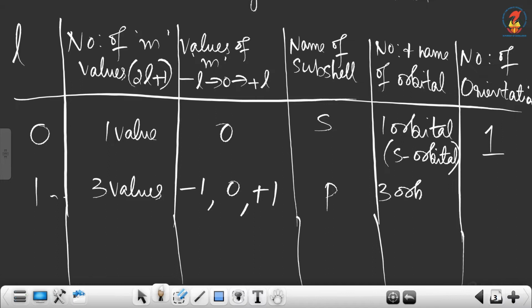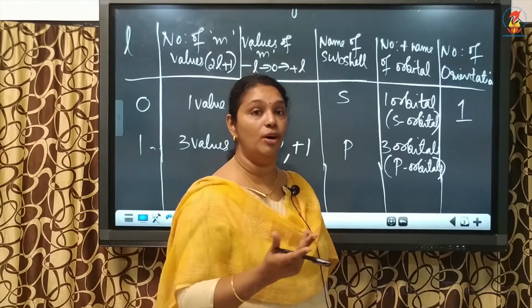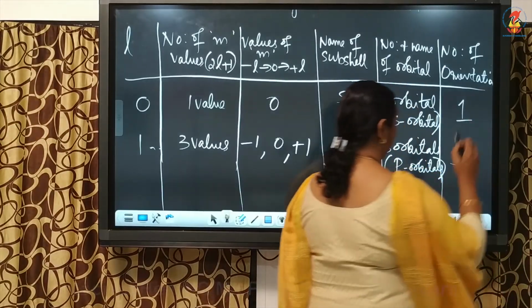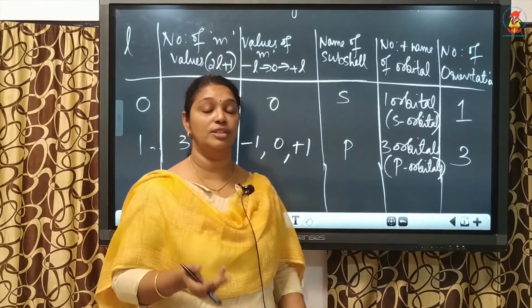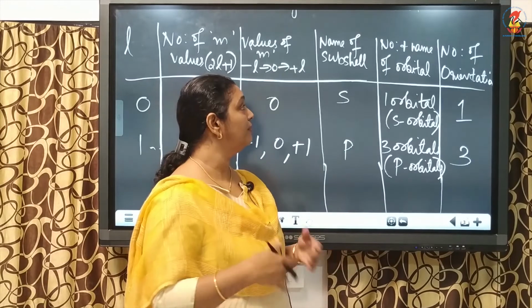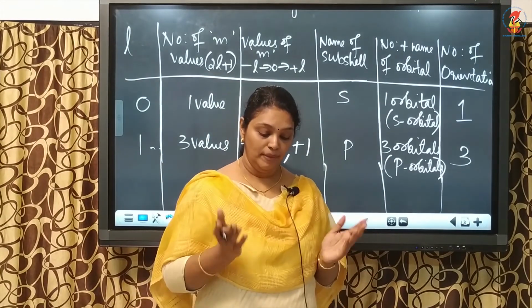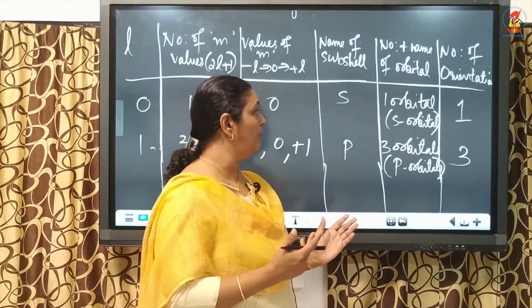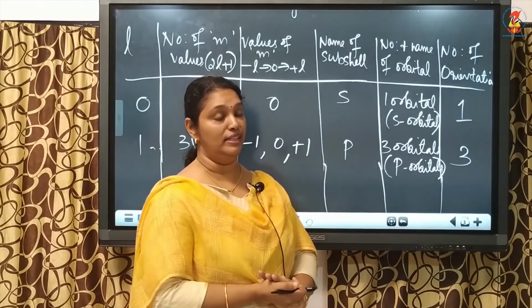We have 3 orbitals, called P orbitals. And the number of orientations possible for P orbitals is 3, because the number of orientations is equal to the number of orbitals, or the number of orbitals is equal to the number of ways in which they are oriented.